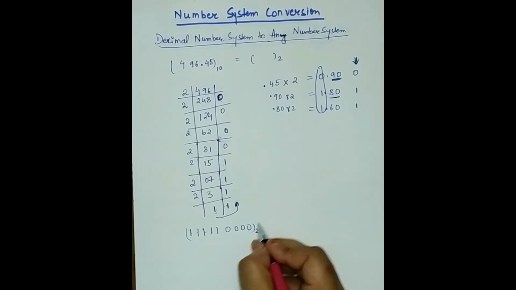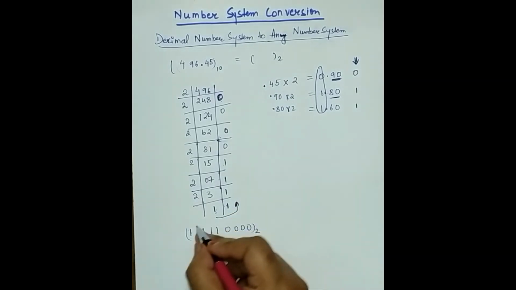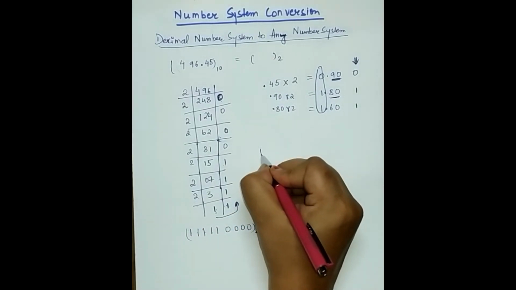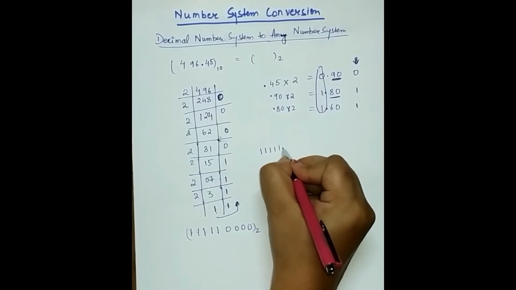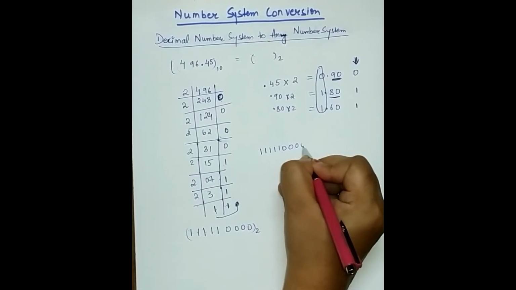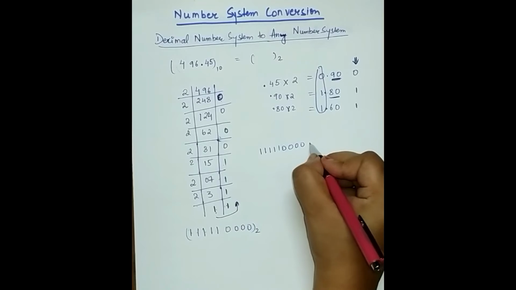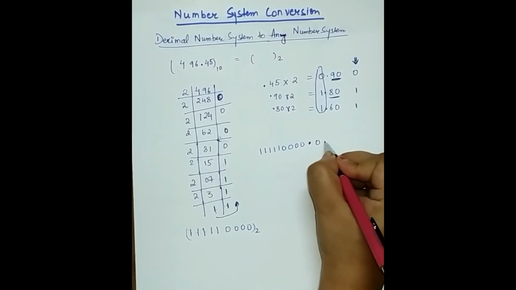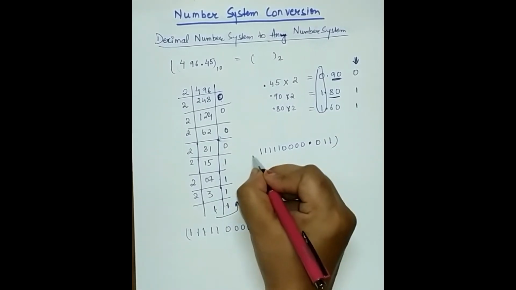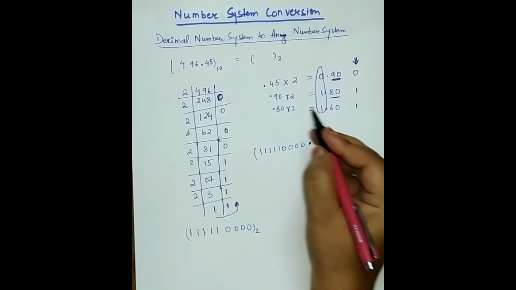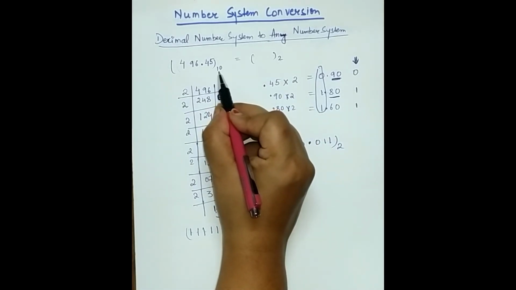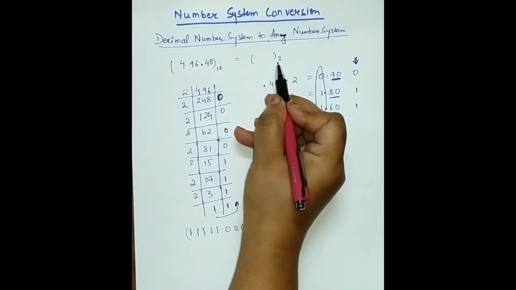So in the same answer, the real part will be the same, 1 2 3 4 5, 1 2 3 4. Then this one will be 0.011. So this is my answer for converting this number from decimal to binary number system.